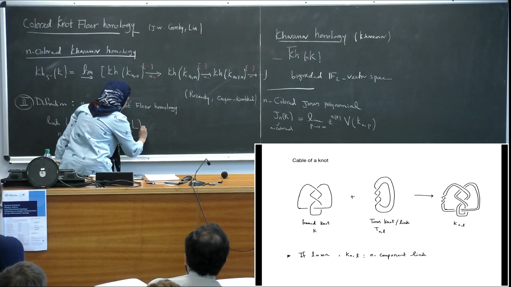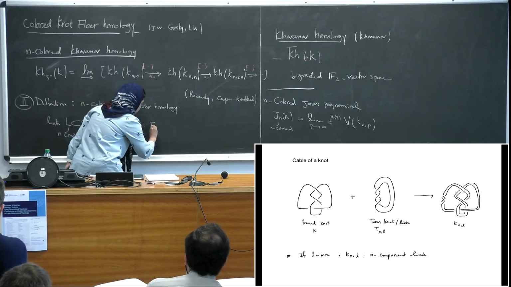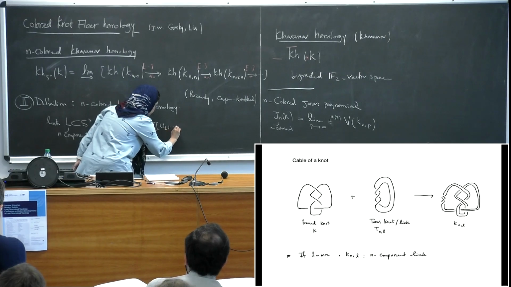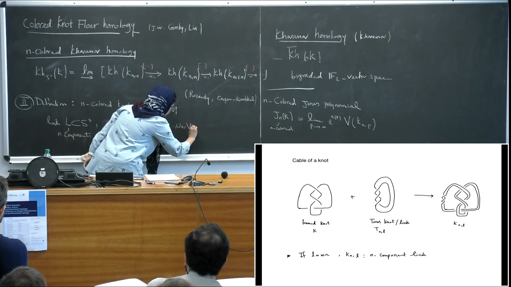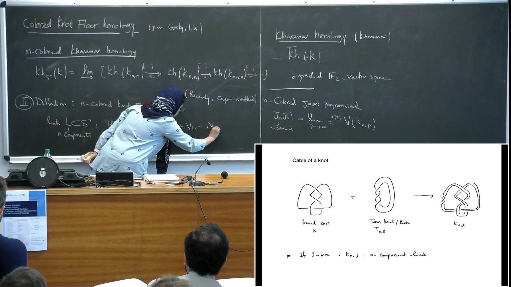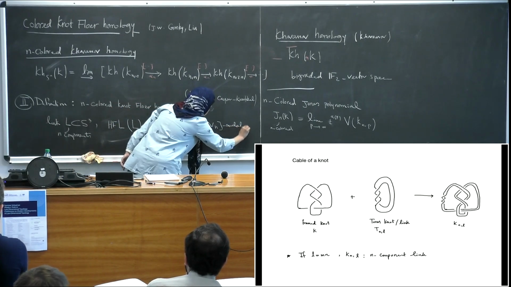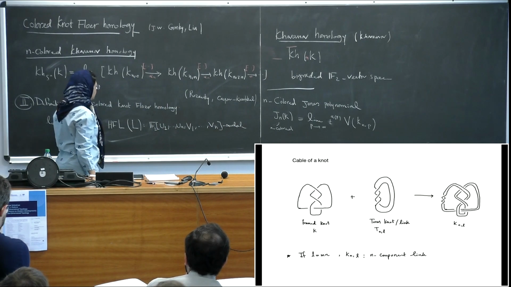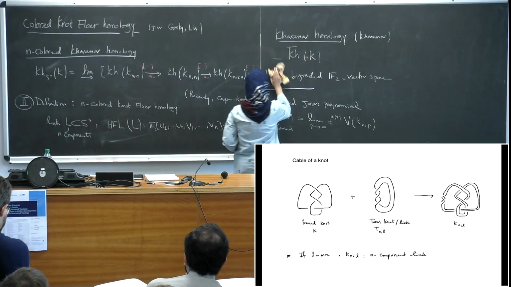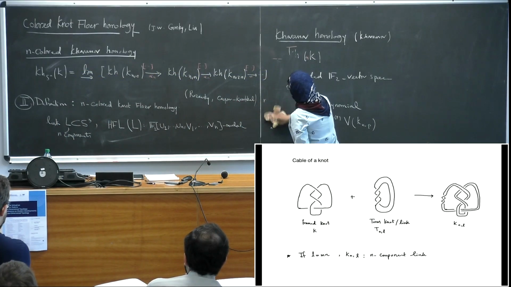The full version of link Floer homology is going to be a module over F2 adjoin U1 through Un, and it will have gradings.